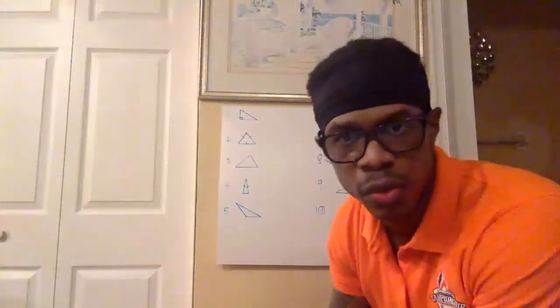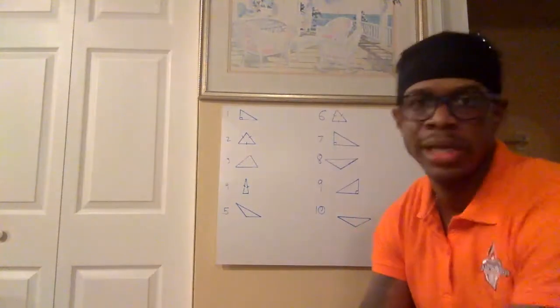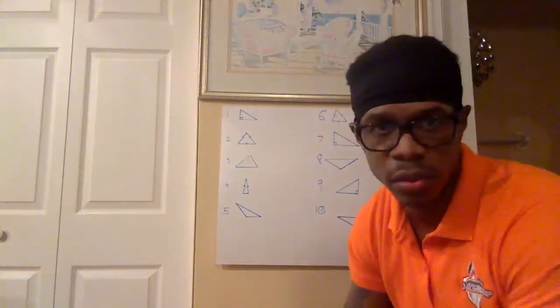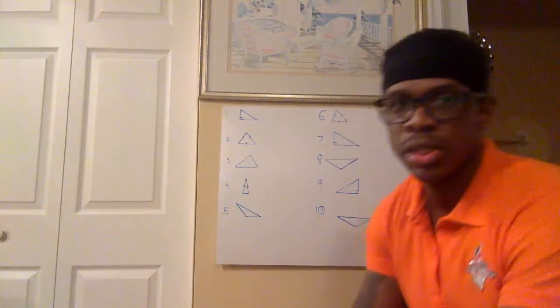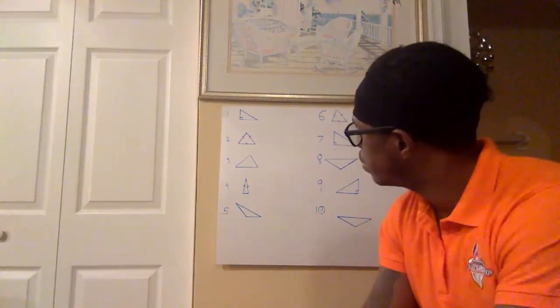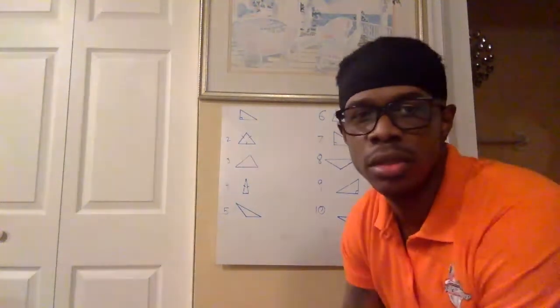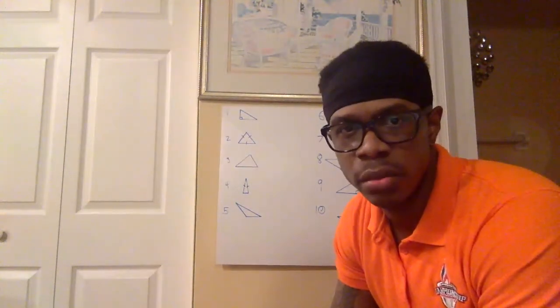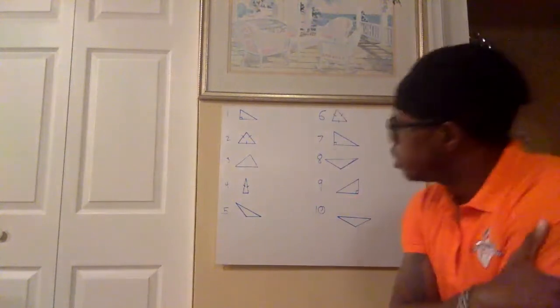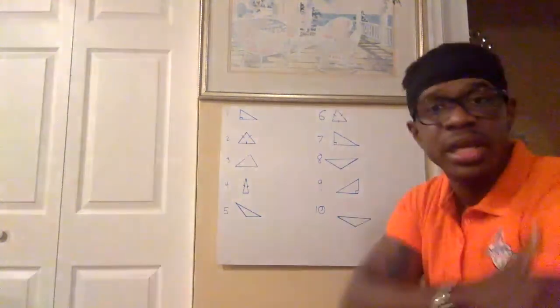Okay, so we've all paused the video, we did our work, and I highly recommend pausing and doing the work. That repetition is really going to help. So, number one, if I were to say number one is an acute triangle, would I be right or incorrect? I would be incorrect.